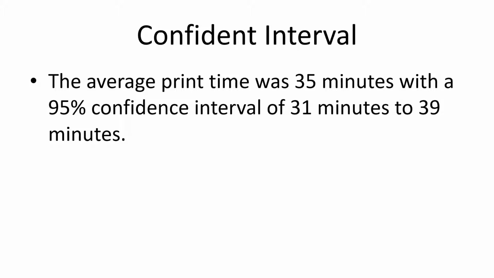Obviously you could get something print at 34 minutes, 33 minutes or 38 minutes. It won't be exactly 31 minutes or these 3 figures. It will be in the range, but we can be 95% confident that the result from the printer will be somewhere in that range.